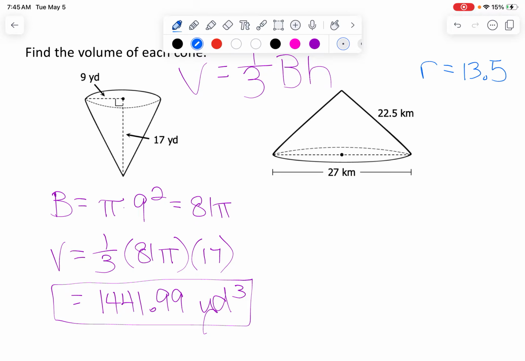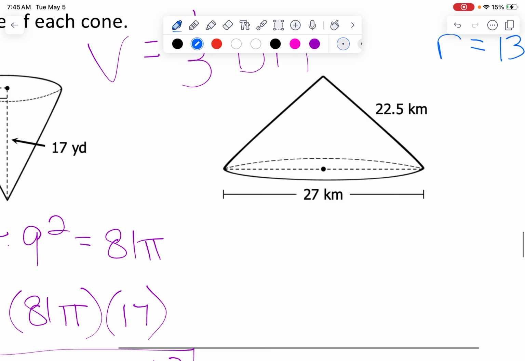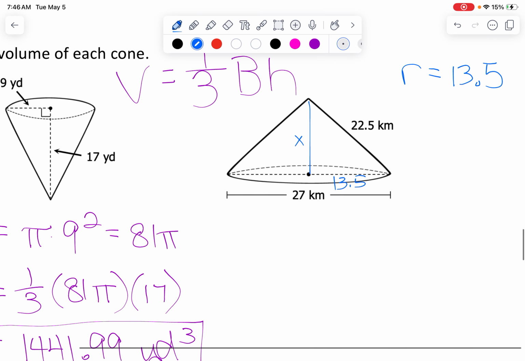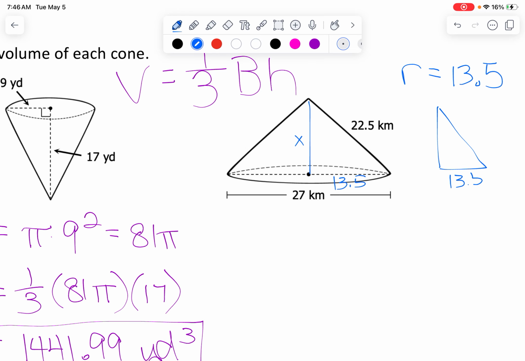Okay, so we should do the Pythagorean theorem. We've got 13.5, I've got 22.5, and I've got x.